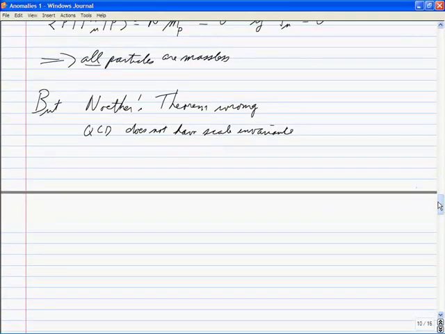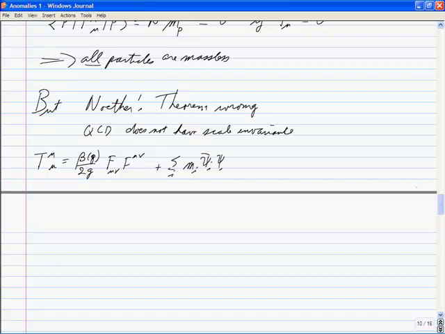Okay, and the right statement will be the following. Let me just give it to you. T^μ_μ is the beta function of QCD over 2g times F_{μν} squared, plus the sum over the quark masses m_i ψ̄_i ψ_i.